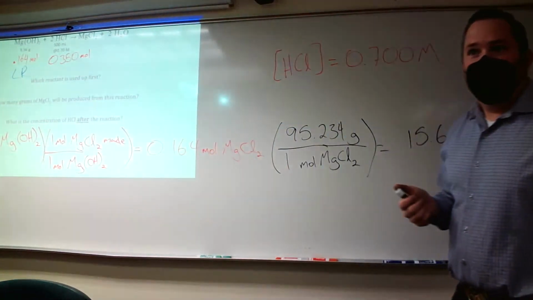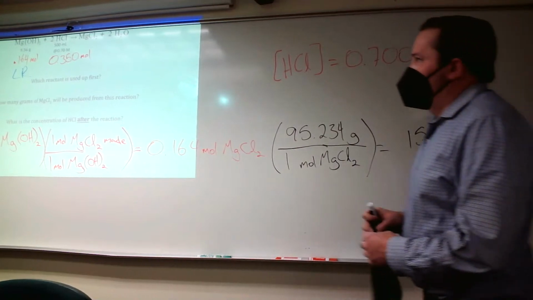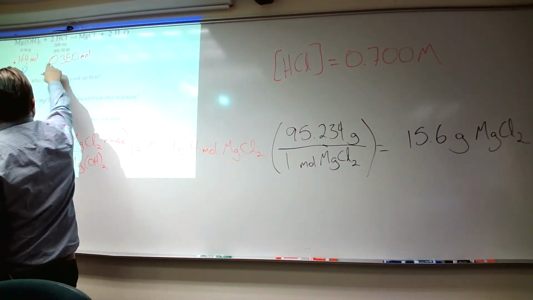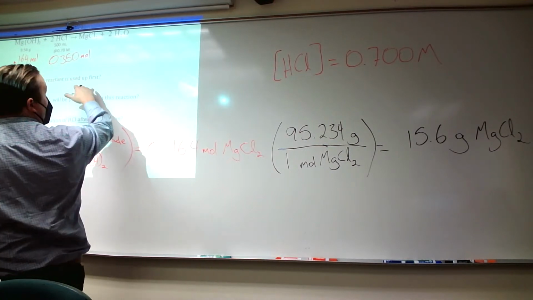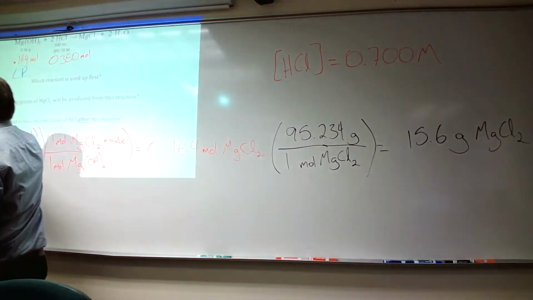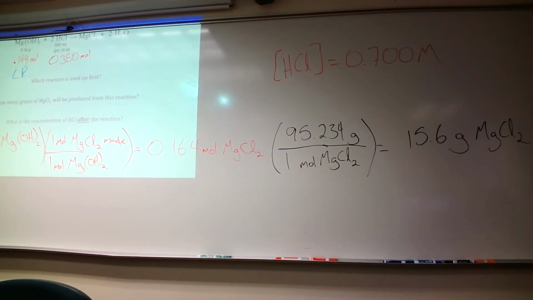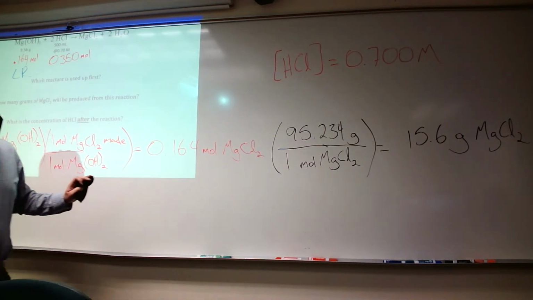What's that? Is that an N up there? Over there in the black ink, where you're saying moles HCl final. That n is moles of that. Yes, that's a lowercase n. It's just a variable saying moles of, just like lowercase m is a variable that means mass. Sorry, I'm not used to seeing lowercase n's that big.